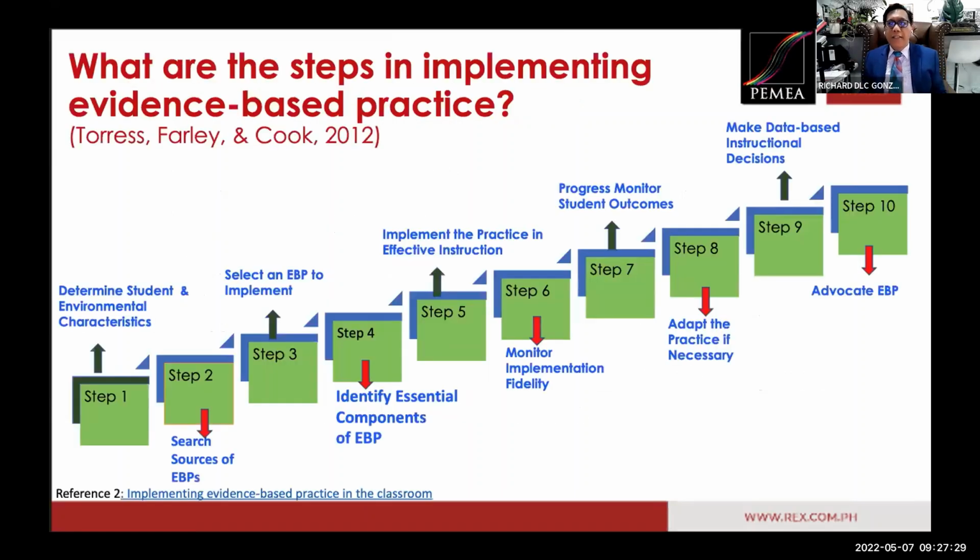Okay, you have seen this slide from the first speaker, okay, but I am sharing it with you again. Okay, putting in place an evidence-based practice in the classroom is already a very overwhelming task. Okay, but more so if it is implemented school-wide.